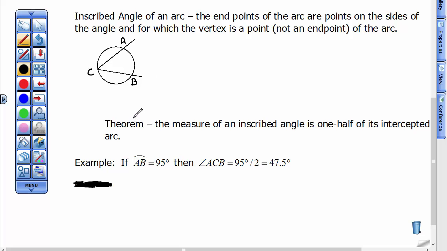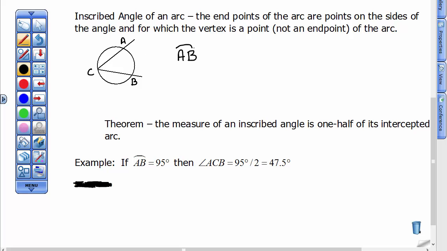There's a theorem about inscribed angles, and it says that the measure of an inscribed angle, that means the size of an inscribed angle, that looks to me, if I were to eyeball it, to be 40-some degrees maybe, is 1/2 of its intercepted arc. See this arc right here? That's arc AB. I'm going to write that down.